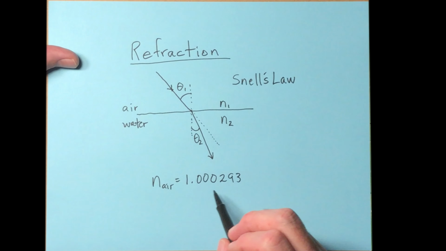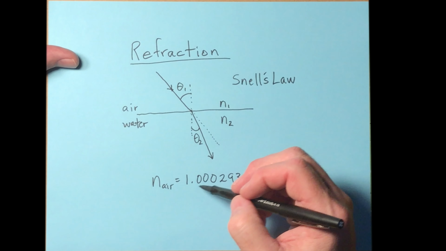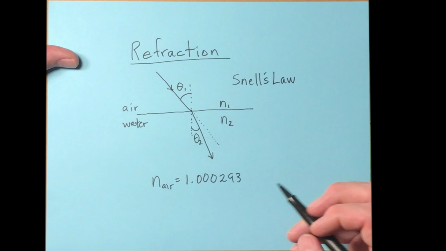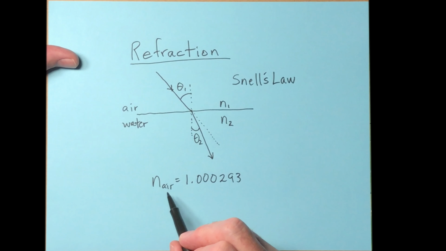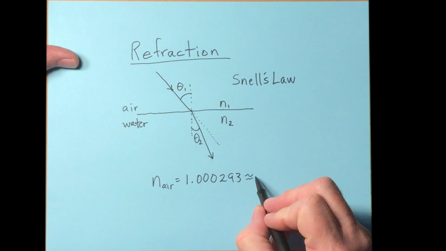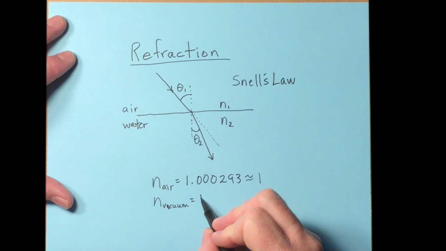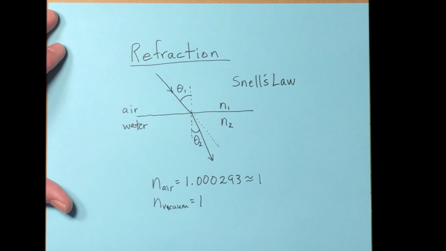So if you're doing calculations that only involve the first 3 decimal places, by the way, which all of our calculations do, then it's okay to just say that this is approximately equal to 1. Now, N for a vacuum is defined as 1. But you see there's not a big difference between air and a vacuum as far as light's concerned.